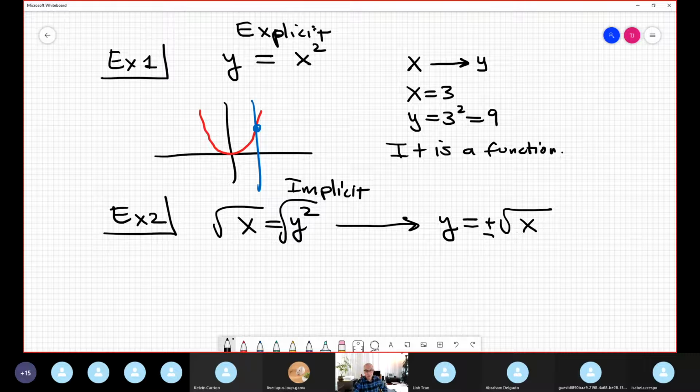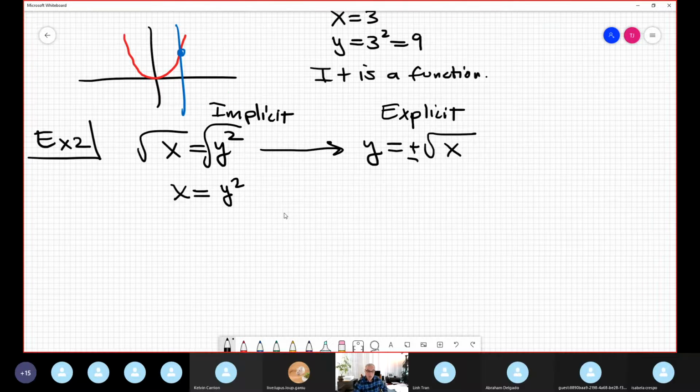I guarantee you 100% that this original implicit equation is equivalent to this explicit equation. Okay, but what's going on? What happened now? Well, I can see that one value of x has two values of y, y1 and y2. Who is y1?